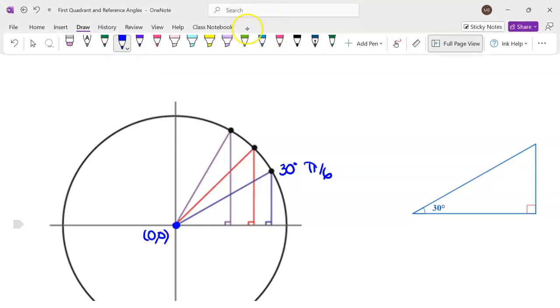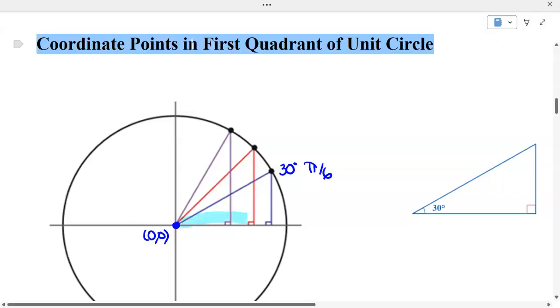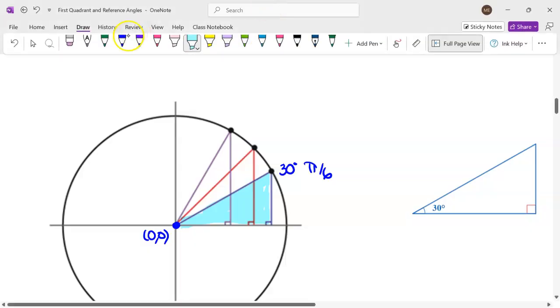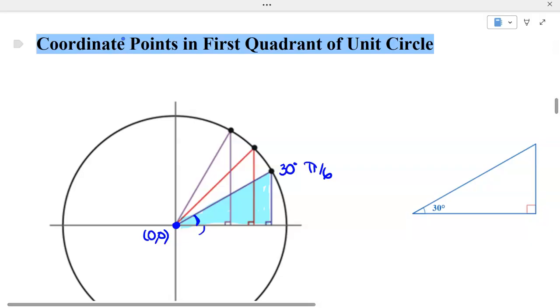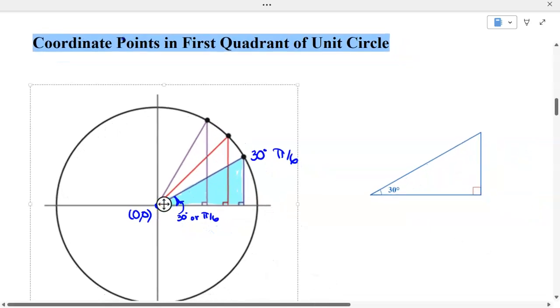So I'm going to highlight this triangle right here that we're going to focus in on. And you can see that I've pulled this triangle out to the right-hand side. What ends up happening is that this angle right here is the 30-degree angle or pi over 6 radians. And you see I've got this drawn over here, over to the side.